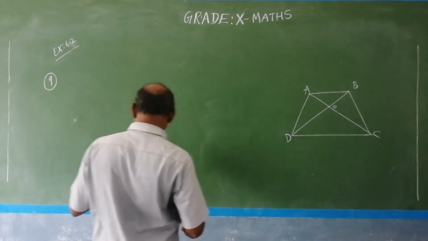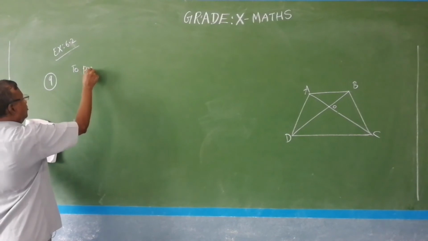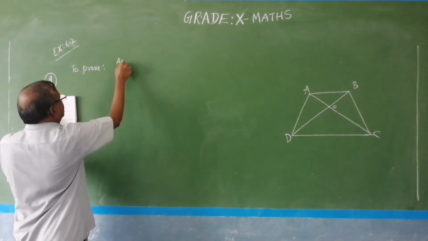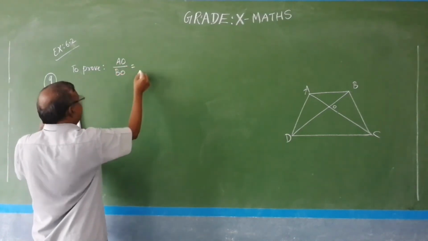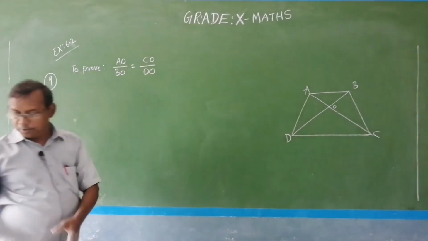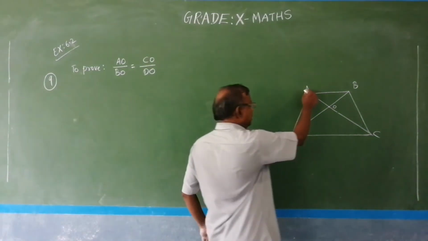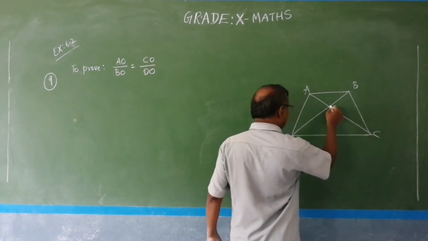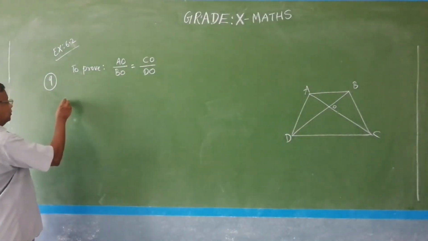Now, we have to prove AO by BO equals CO by DO. Now, let us start with one construction.